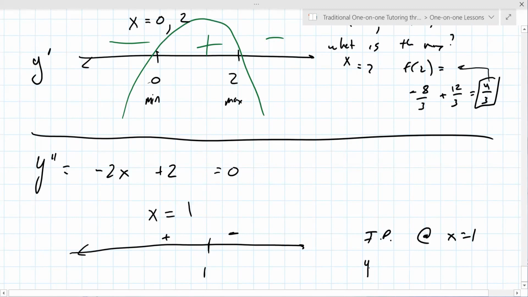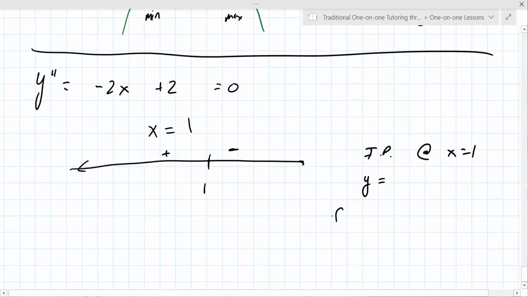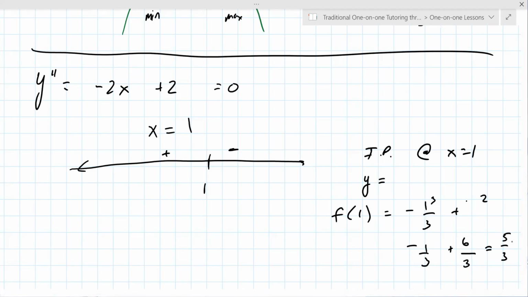But if I want the y value, you have to go back to the original and find f of 1. That's minus 1 cubed over 3 plus 2 times 1 squared. So negative 1/3 plus 6/3 ends up being 5/3. So your coordinate would be (1, 5/3).